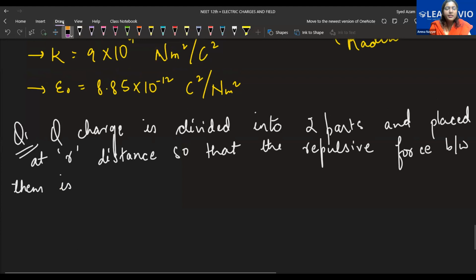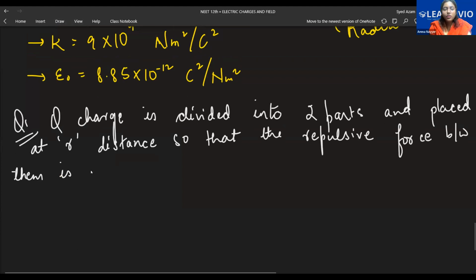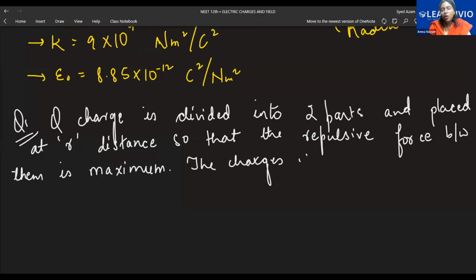The question asks you, what is the value of the charges of the two parts? Look, how to solve this question?